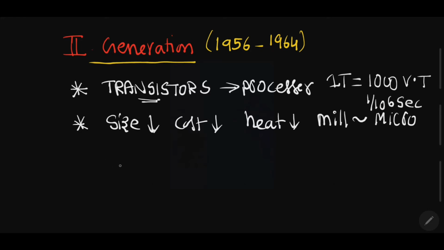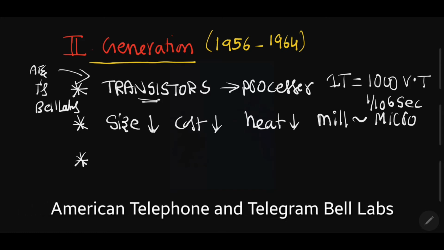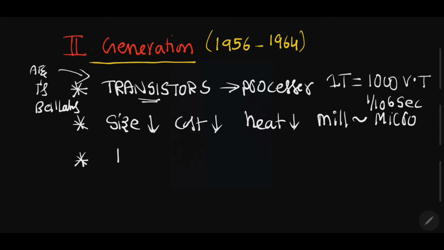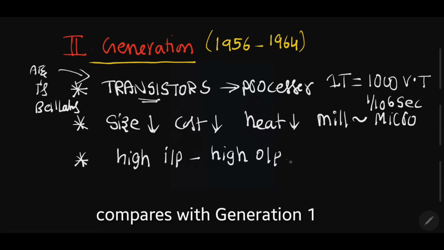In this generation, transistors were developed at AT&T Bell Labs. Good input means high input processing and high output processing compared with the first generation.